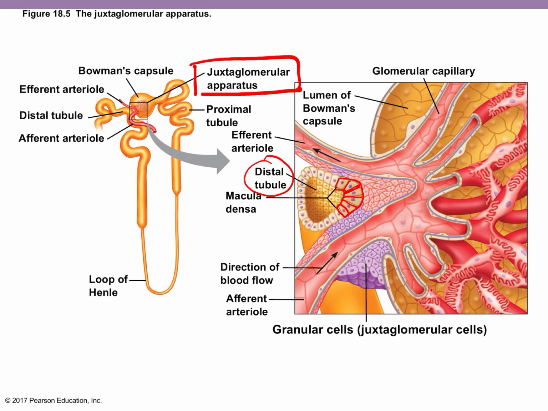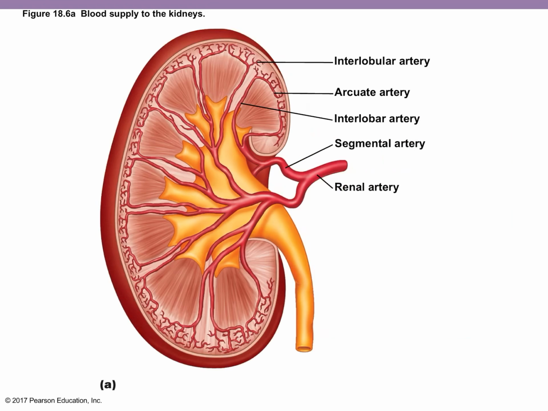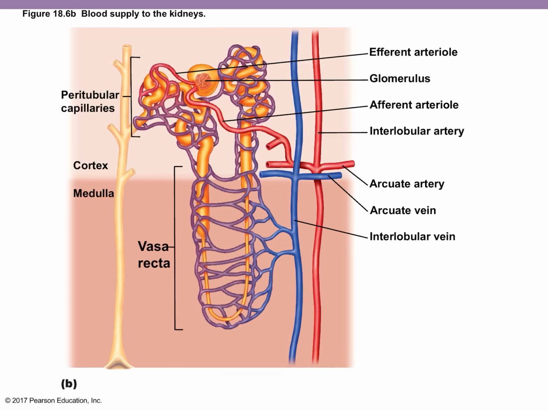The macula densa cells are inside of our afferent arteriole, and they're going to have a role in controlling the flow of blood into the glomerulus. And then we have these granular cells, which are also called juxtaglomerular cells, that will play a role in physiology.